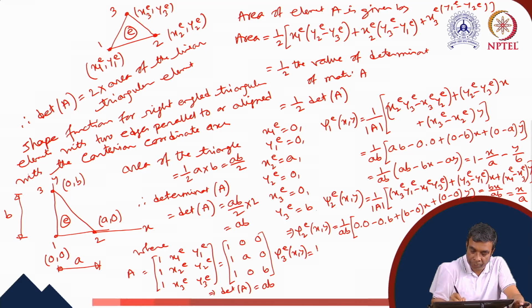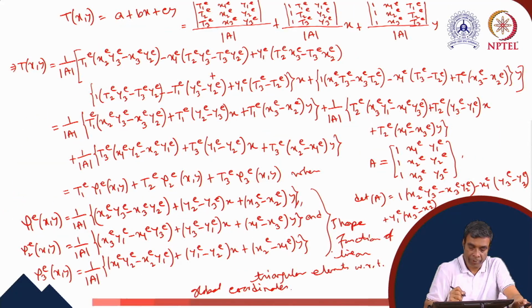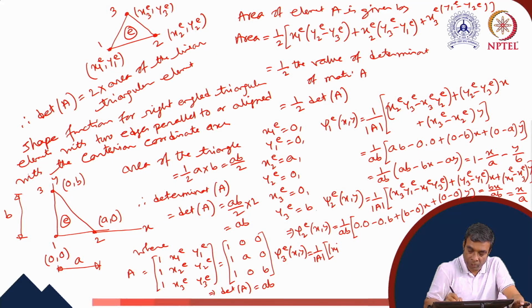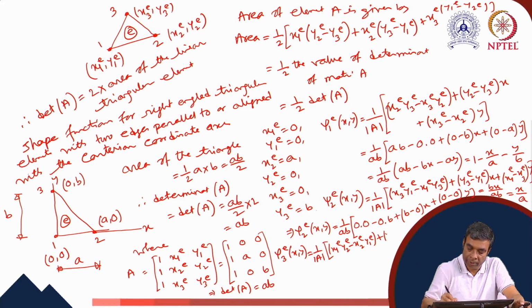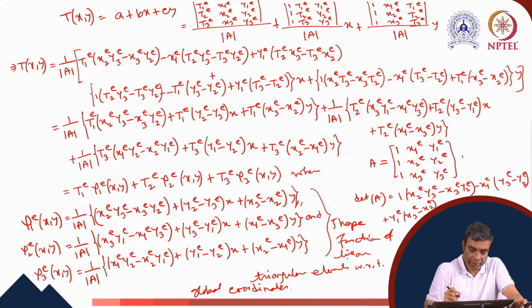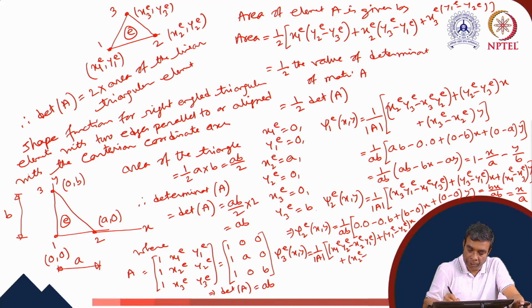This is also 1 by determinant of A into the expression x1e y2e minus x2e y1e, plus y1e minus y2e into x, plus x2e minus x1e into y.